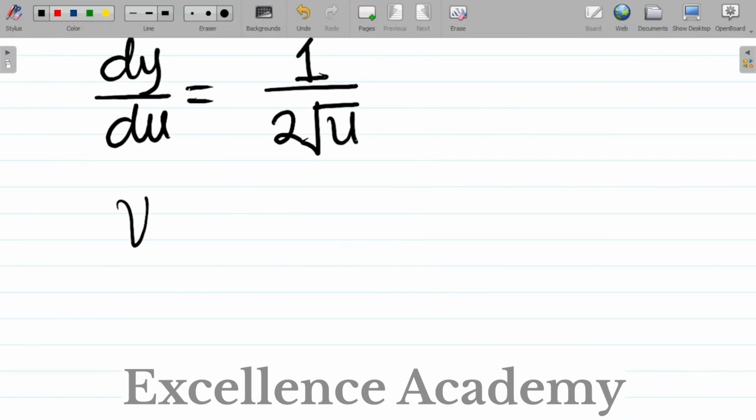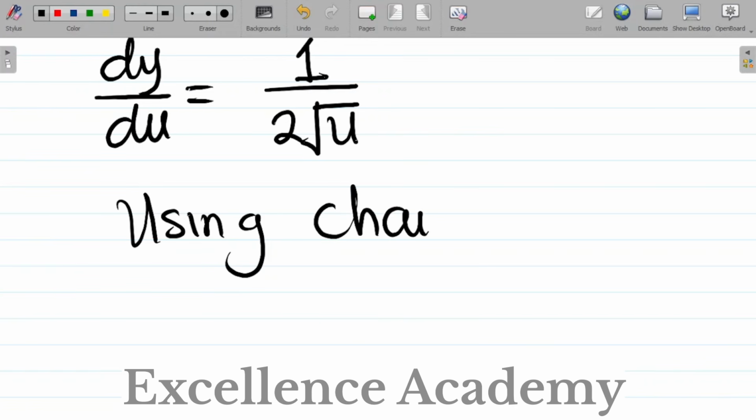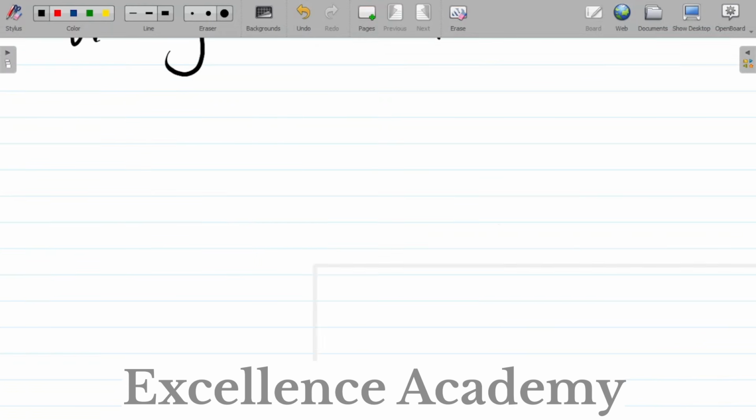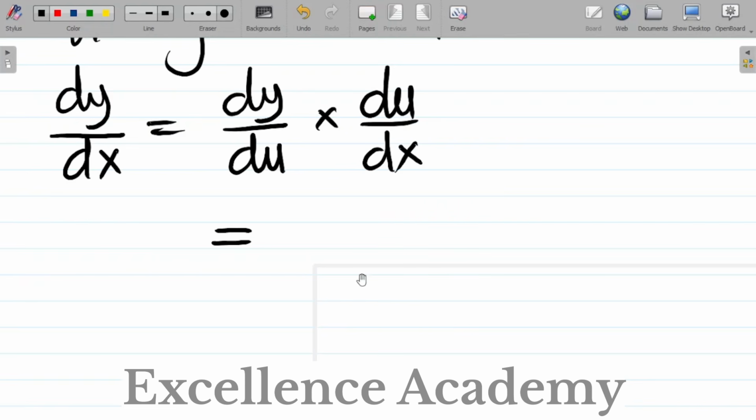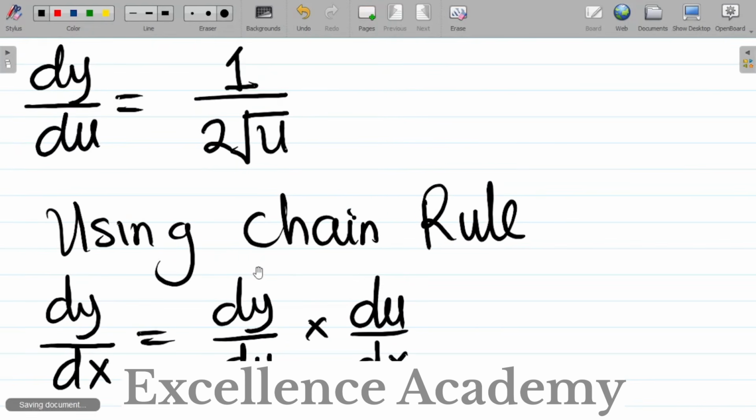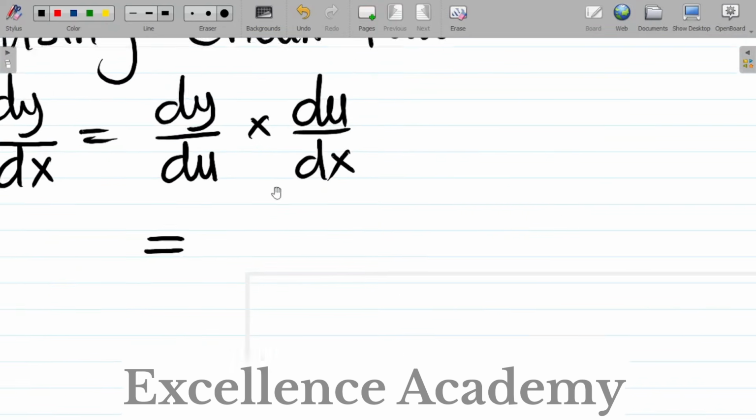So now using chain rule, we would have that dy/dx is equal to dy/du times du/dx. What's dy/du? Let's see. dy/du is 1 over 2 root u.